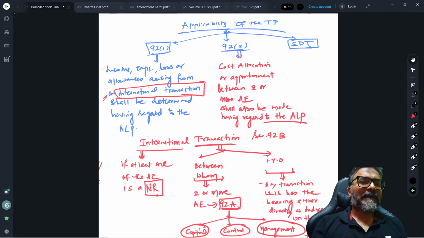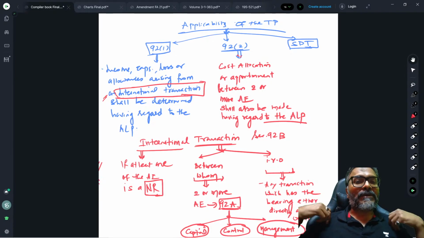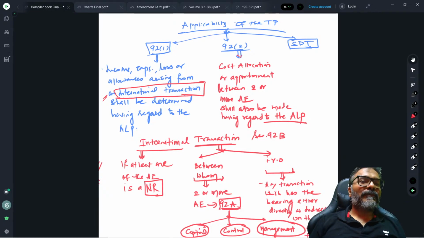Now 92(1) says that any income, expenditure, loss or allowance arising from an international transaction shall be determined having regard to the arm's length price. So for the applicability of transfer pricing provisions under Section 92(1), what is required is the existence of an international transaction, students. That is point number 1.